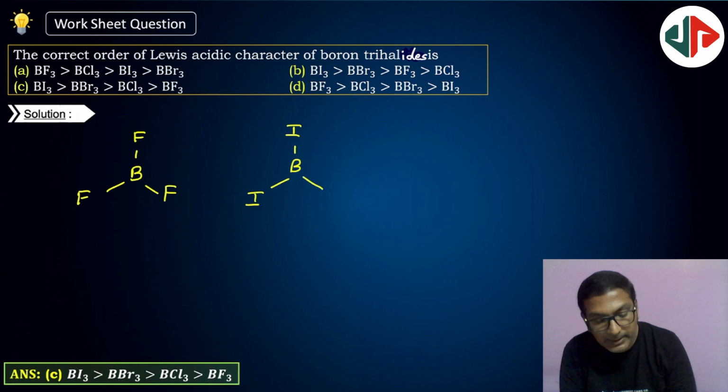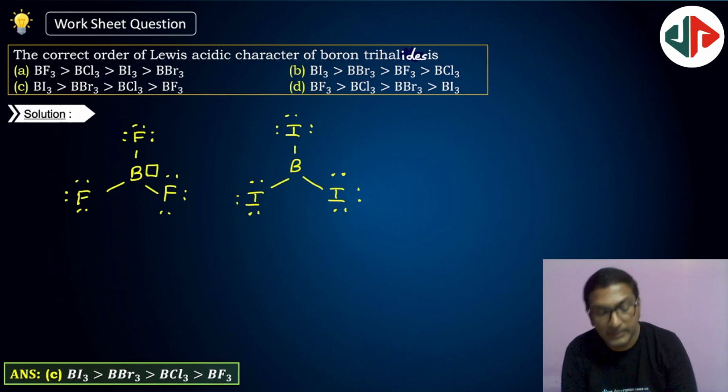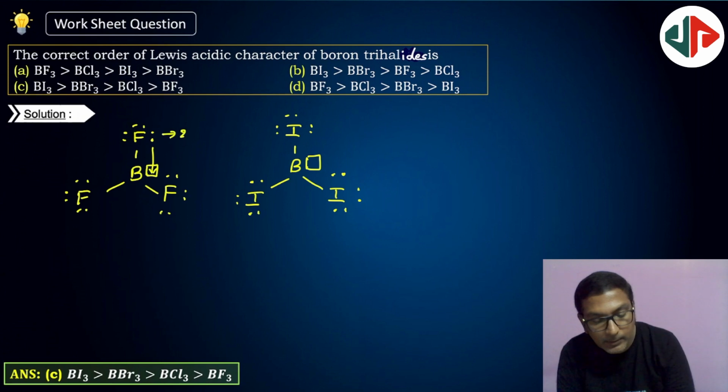Both are planar structures. Here fluorine has 3 lone pairs. Similarly iodine also has 3 lone pairs. At boron, one vacant orbital will be there. Here also one vacant orbital. Here the lone pair is present on 2p, and boron is also 2p.